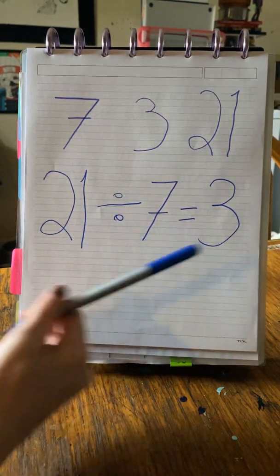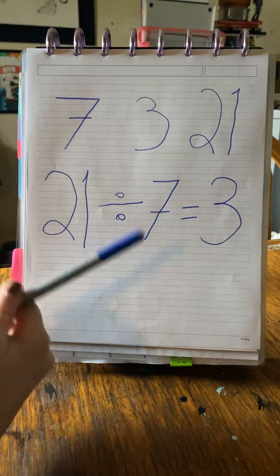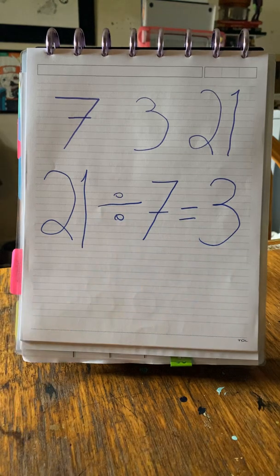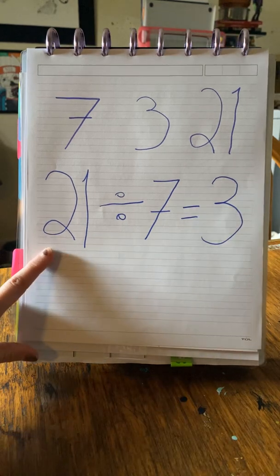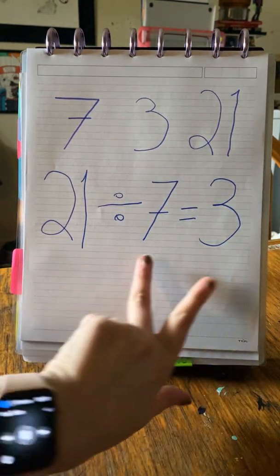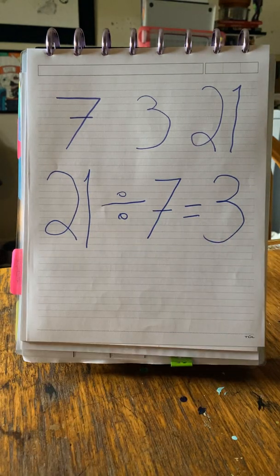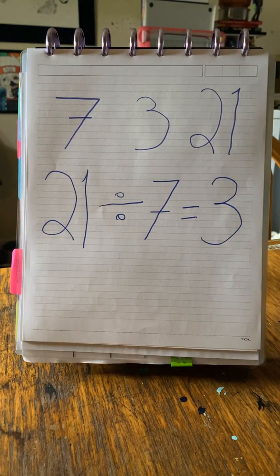These two can switch. 21 divided by 7 is 3. 21 divided by 3 is 7. So we're going to notice some patterns like that happening through our division sentences. But the bigger number always has to be the dividend. The divisor and the quotient can switch, and it'll still be a correct division sentence. All right, so that's something really important to remember.